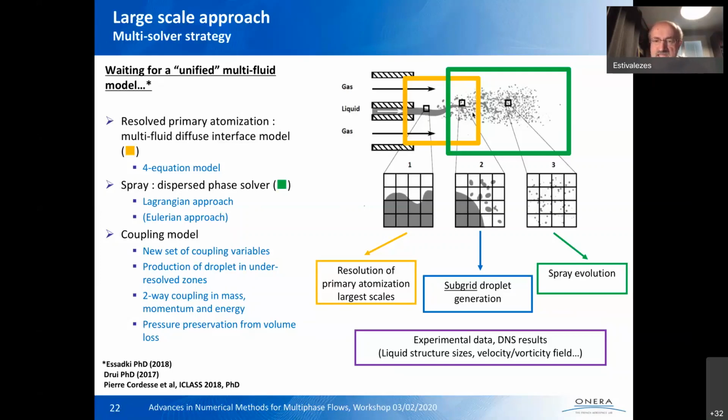And the idea is to improve that by defining some kind of subgrid droplet generation model, like you do when you play with a single-phase LES approach, so that depending on the flow field, on the topology of the liquid phase, the value of the volume fraction or mass fraction of the liquid, the code will, by a model, be able to impose by itself the good size.